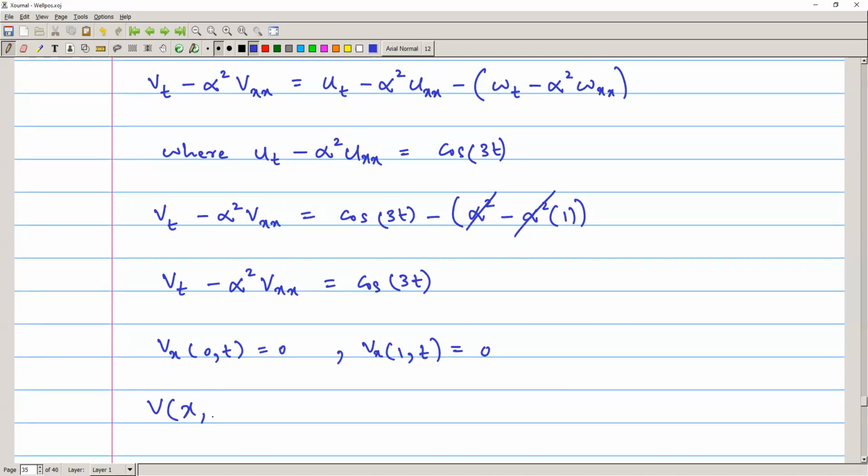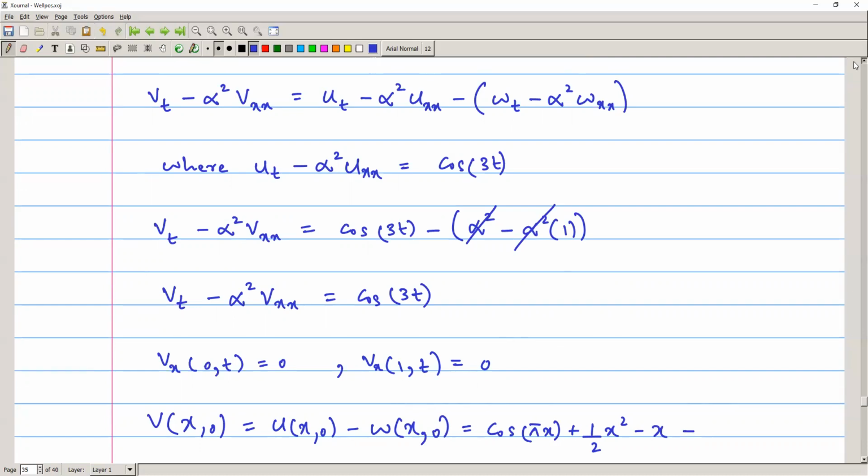And then for v(x, 0), we have u(x, 0) minus w(x, 0). So u(x, 0) is given as cosine pi x plus half x squared minus x, and then minus w(x, 0).